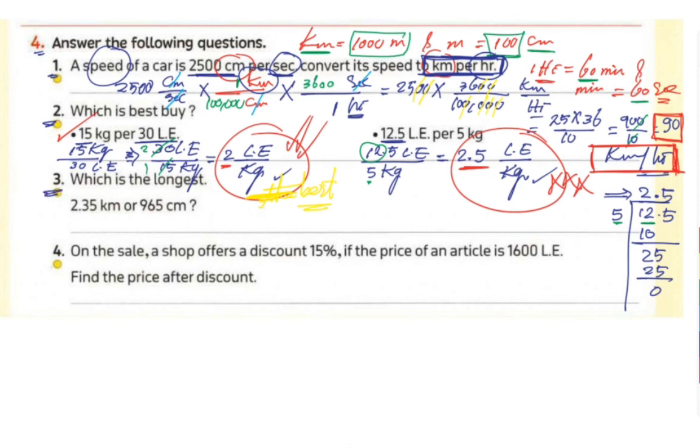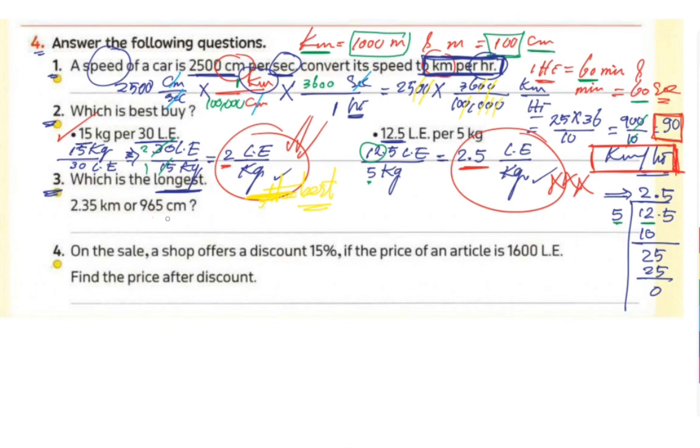Which is the longest? The same, I need to compare 2.35 kilometers or 965 centimeters. Now convert one to the other: kilometers to centimeters or centimeters to kilometers. The easiest way is to convert the great to the small.